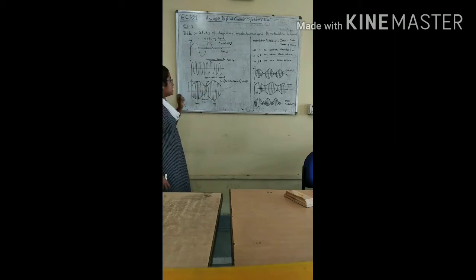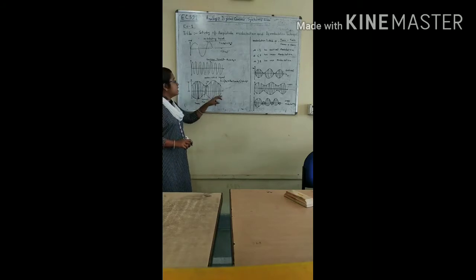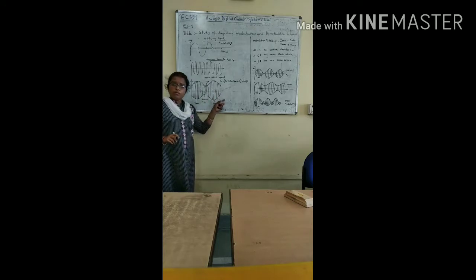In this experiment, we also need to measure the modulation index. How do we get the modulation index from this type of waveform? We get this signal from the CRO or DSO, the digital oscilloscope.